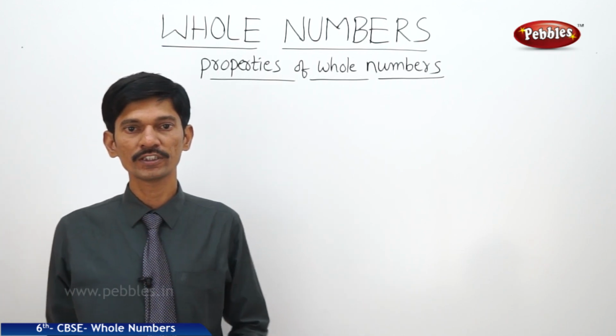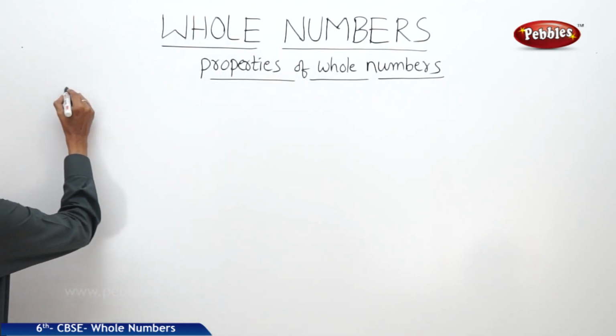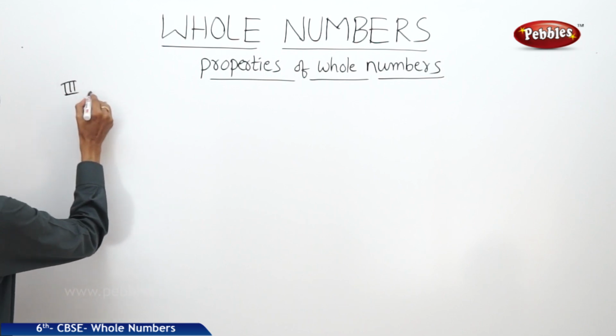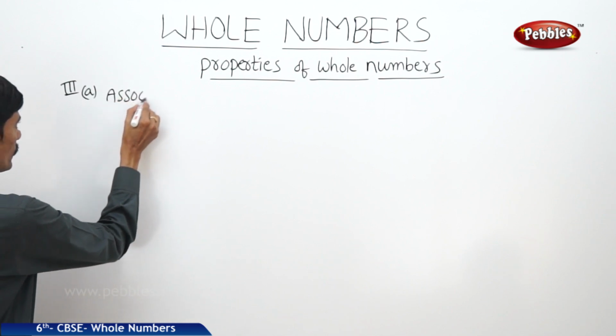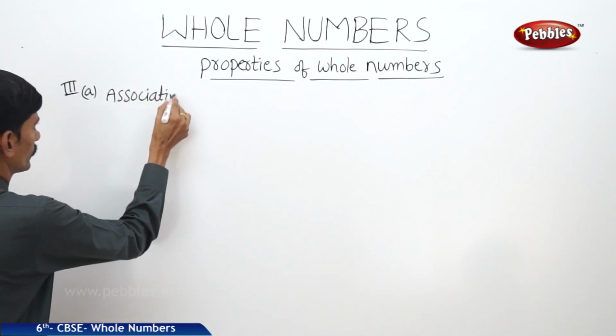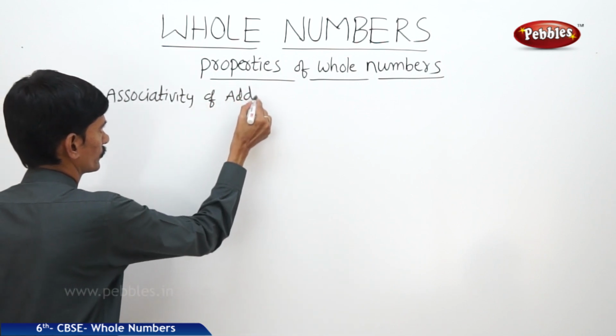Now the next property is the associative property. Associativity of addition.